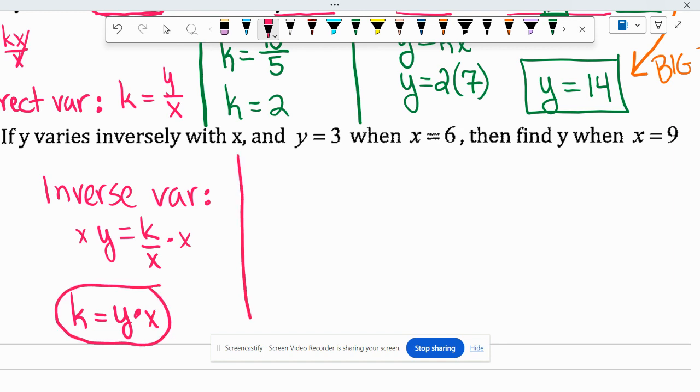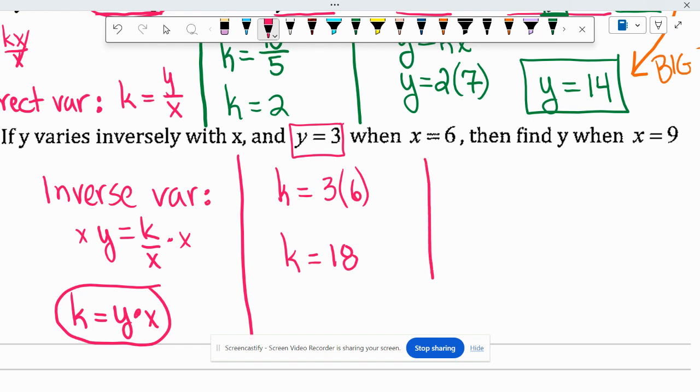All right. So K equals Y, which is 3, times X, which is 6. So what is my constant of variation? What is K? It's 18. So now we're going to plug it back into the inverse variation equation.